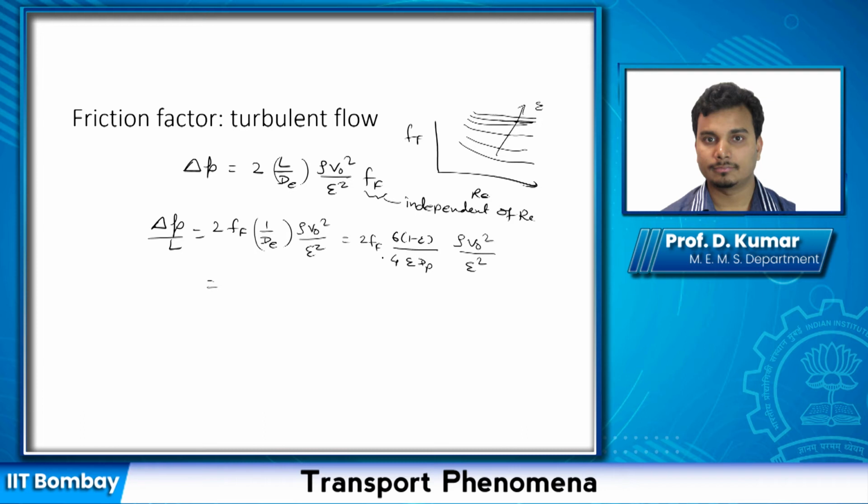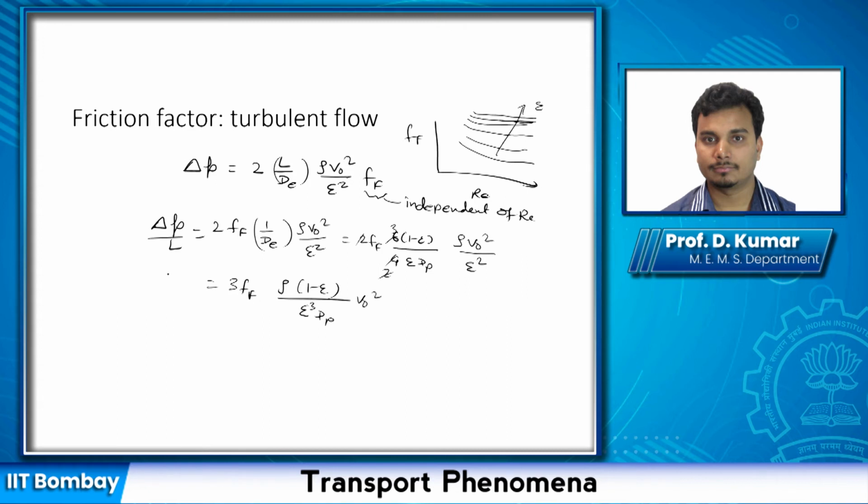If you do all the cancellations, this will become 3f. And what else is there? There will be rho, (1 minus epsilon) will be there. Then this will be epsilon cube times dP. Then you have V naught square.